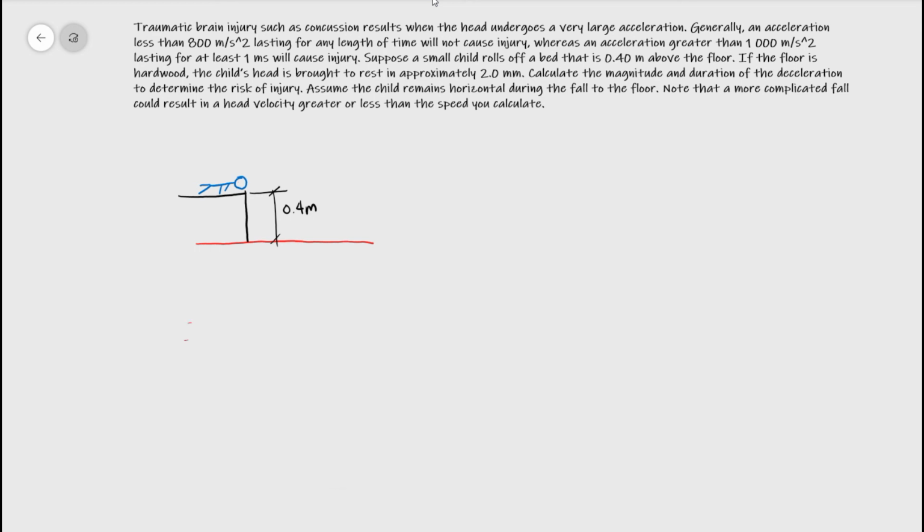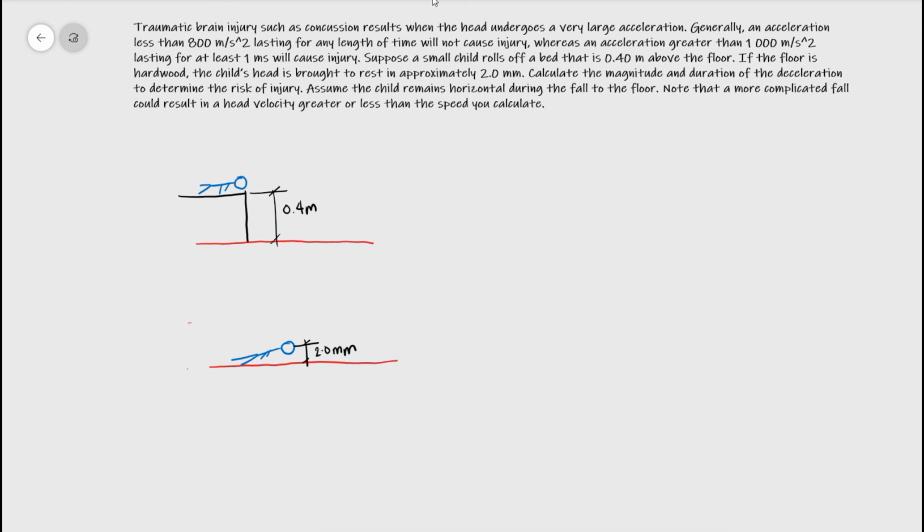this is the floor, another condition wherein the child falls from the bed. Again, this is the child, and the height of his head to the hardwood, another given, is 2.0 millimeters.